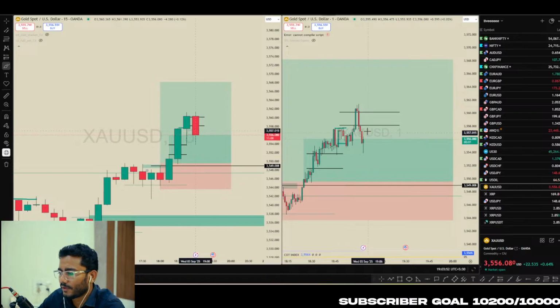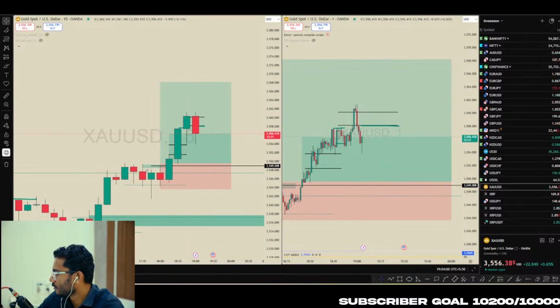So if this candle breaks this area, then you can look for re-entry to the upside. 3355.1.